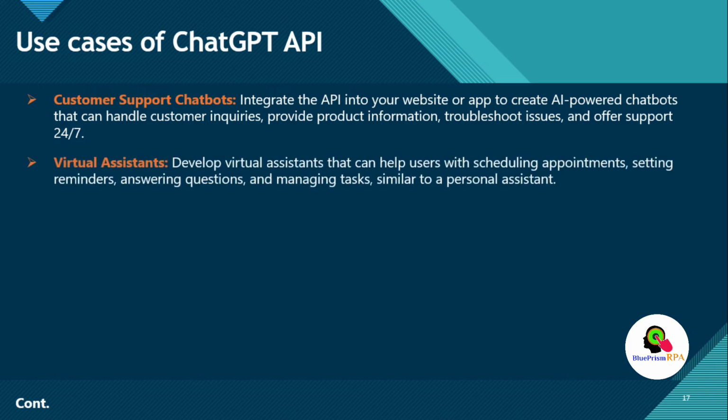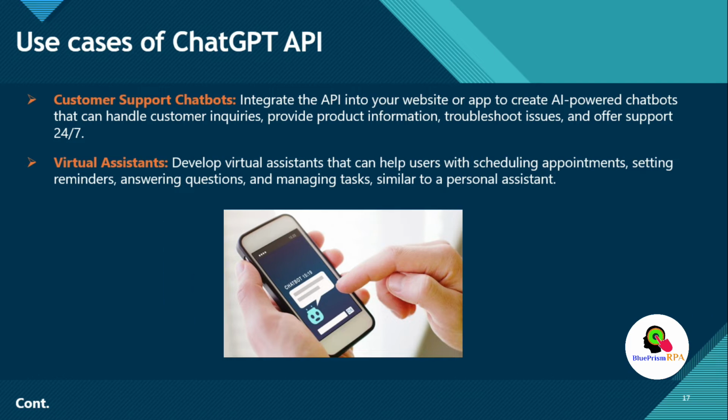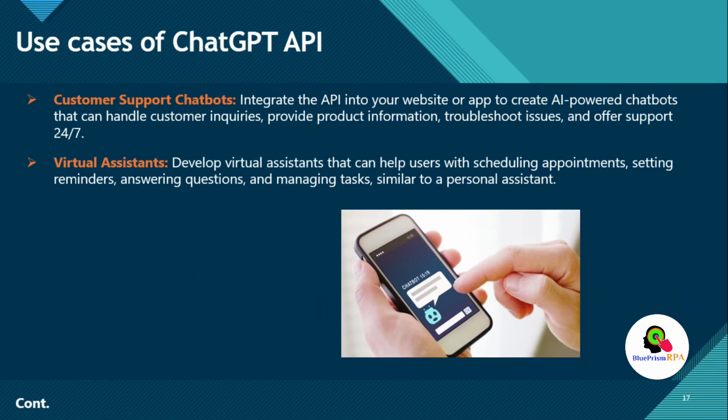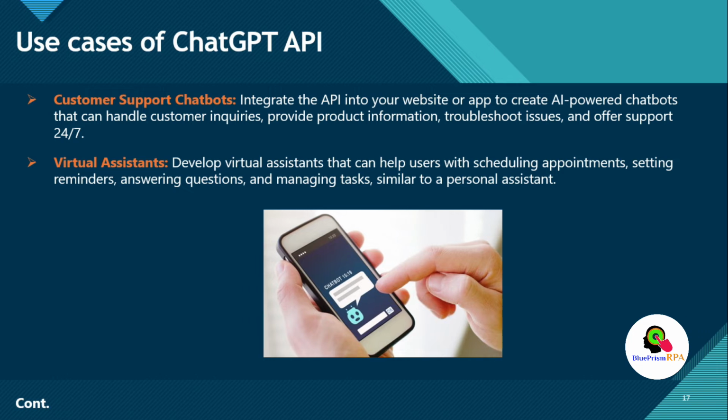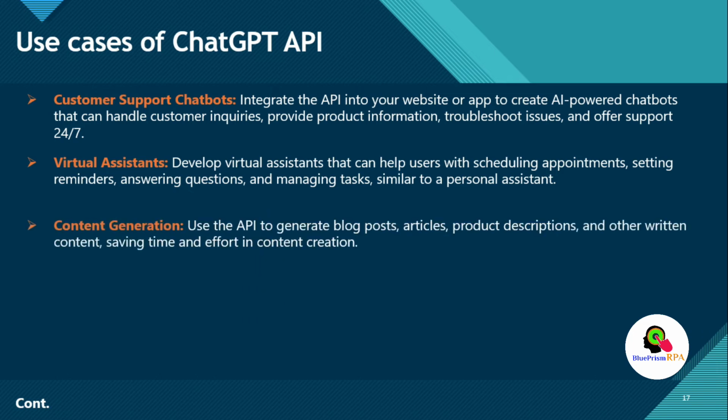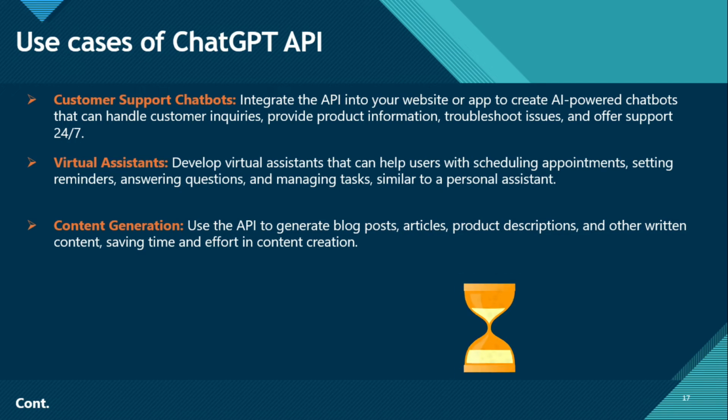You can develop virtual assistants that can help users with scheduling appointments, setting reminders, answering questions, and managing tasks, similar to a personal assistant. Content generation. You can use the API to generate blog posts, articles, product descriptions, and other written content, saving time and effort in content creation.